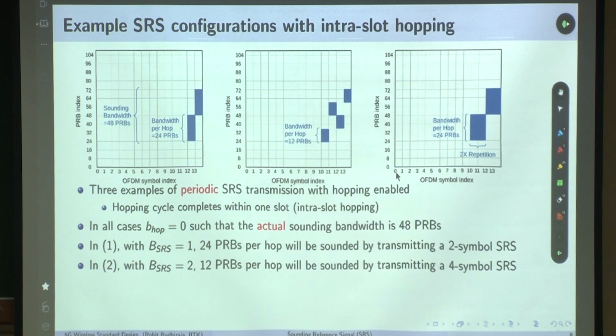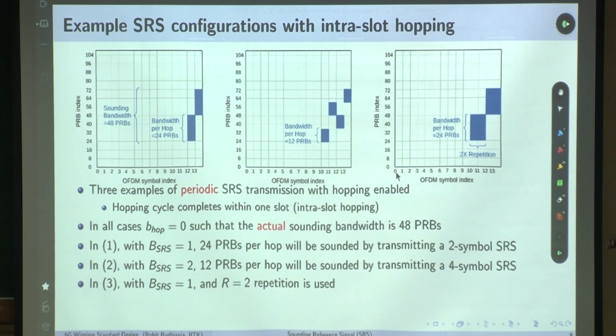And what is happening here? Cases 1 and 3, with respect to hopping, are the same. Look at this. But here we are using a repetition of 2, R equal to 2. This case and this case are the same, other than the fact that there is a repetition factor of 2 over here.